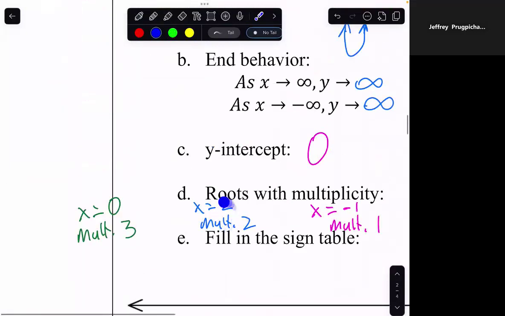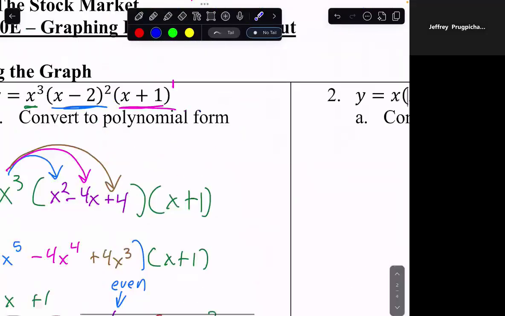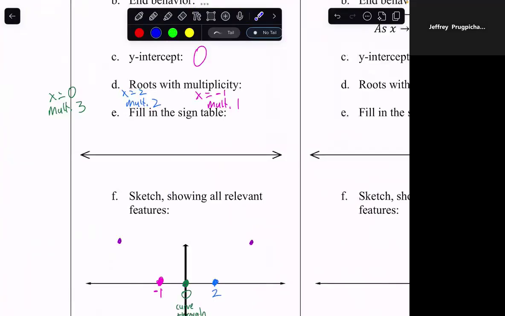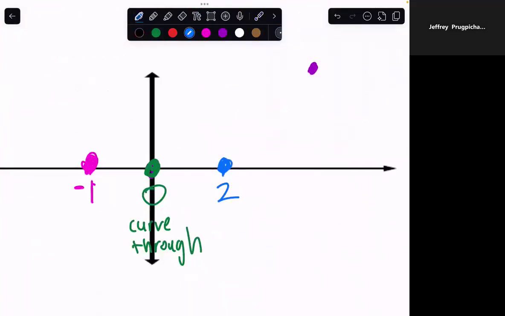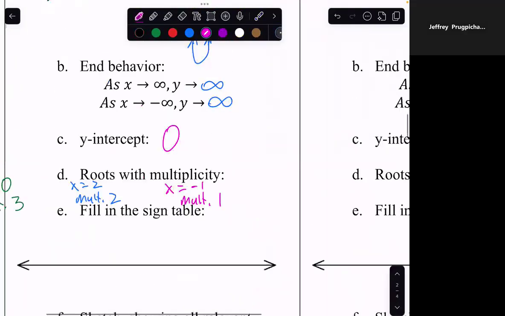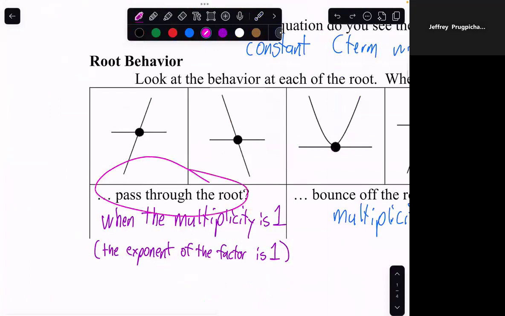The multiplicity 2 root means it bounces off. So the root of x equals 2, multiplicity 2, the graph will bounce off. And then lastly, the root of x equals -1 has multiplicity 1, which means that it passes through.